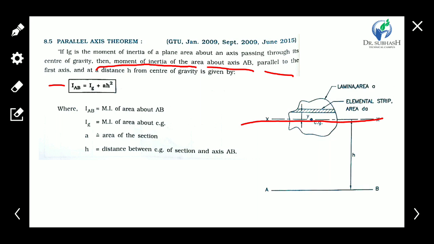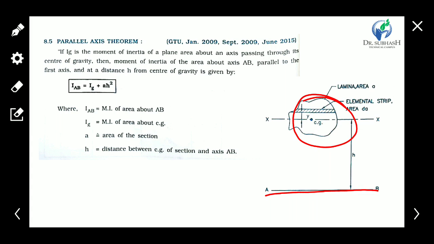From that other axis AB, parallel to the first assumed axis, we have to calculate the moment of inertia of this given area. That is, we want to find the moment of inertia about the AB axis for the given area.